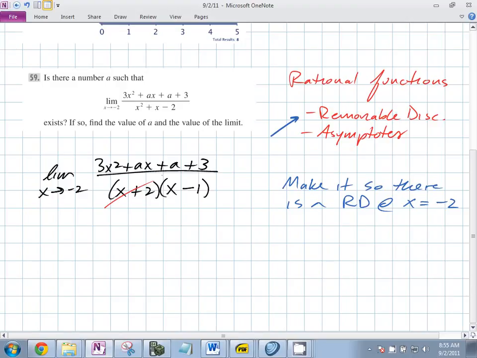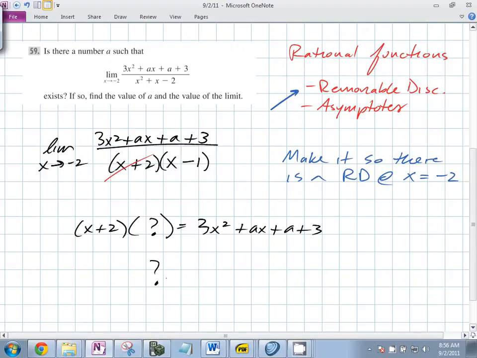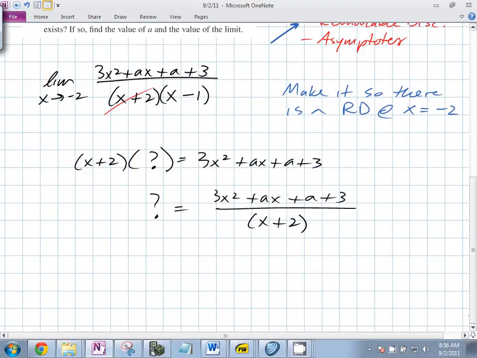Right. So we want x plus 2 times something to equal 3x squared plus ax plus a plus 3, so something is equal to 3x squared plus ax plus a plus 3 over x plus 2. That's what we want to figure out.